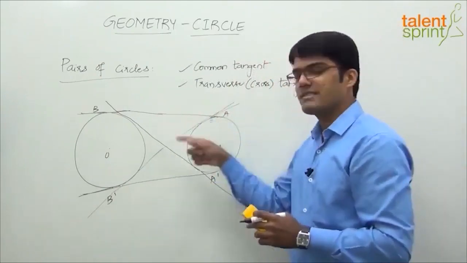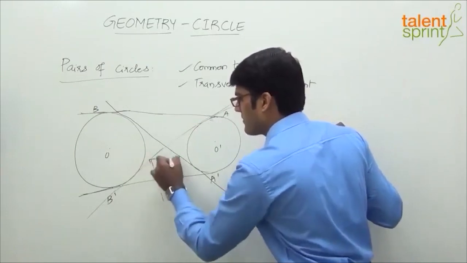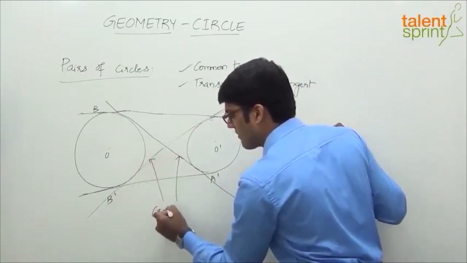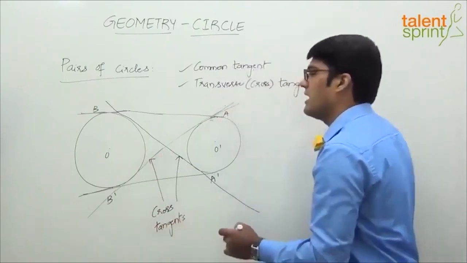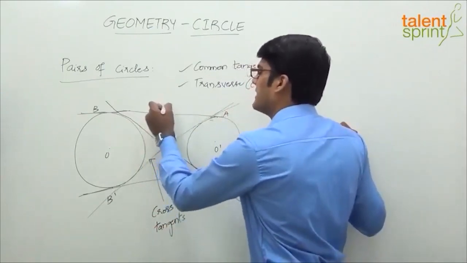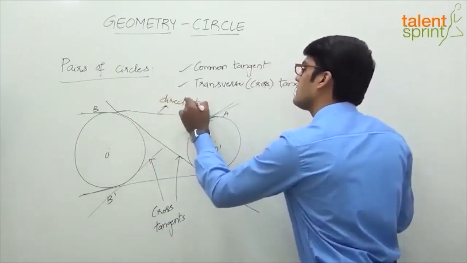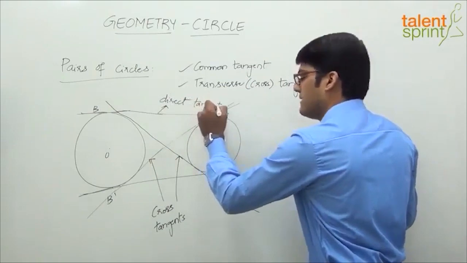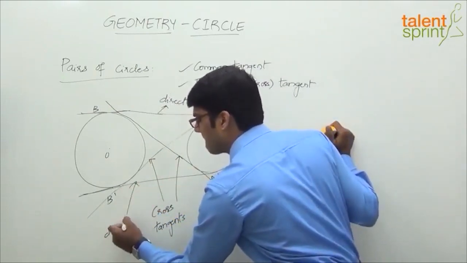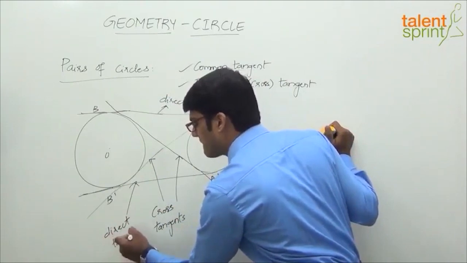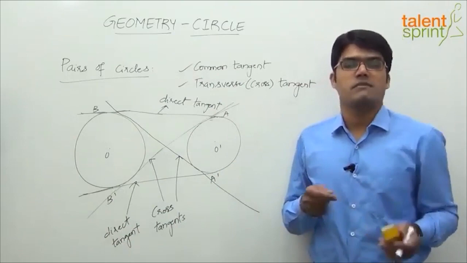So these are called cross tangents. These two are cross tangents. And these are called direct tangents. This is a direct tangent. This also is a direct tangent. Alright, so that's about the types of tangents that we have in the case of a pair of circles.